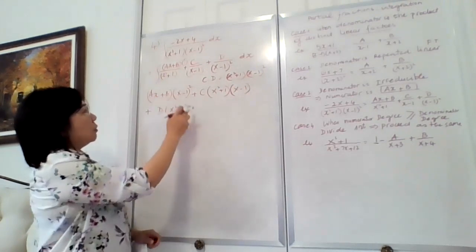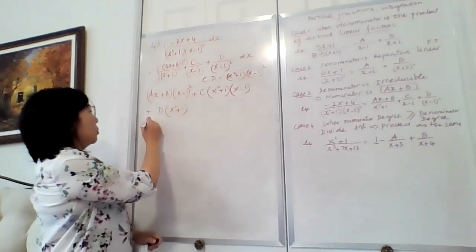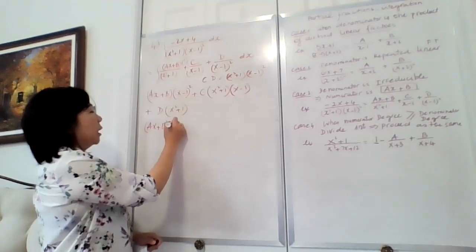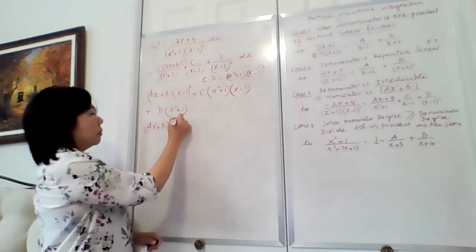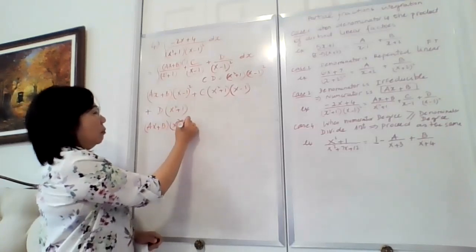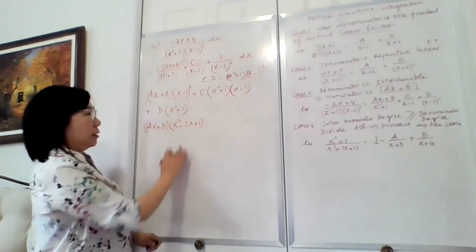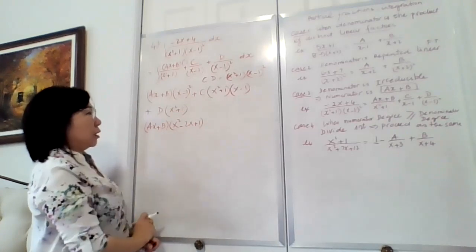So now I'm going to multiply through. So ax plus b has to time with this bracket, turns out to be x minus 1 times x minus 1, which will be x squared minus 2x plus 1. It's a quadratic perfect square, right? I guess you already know.